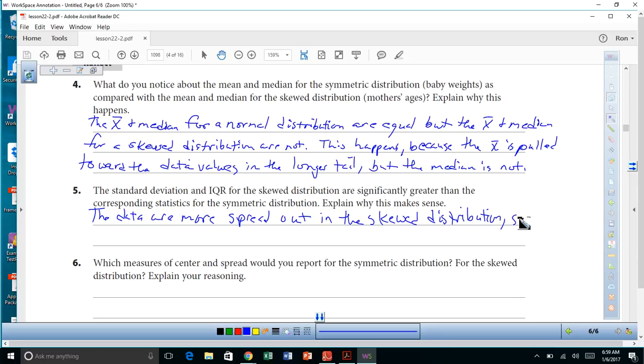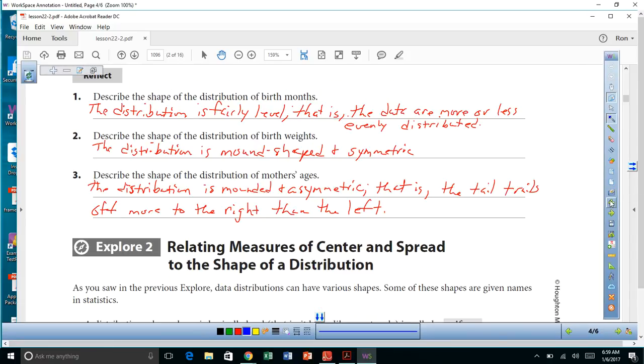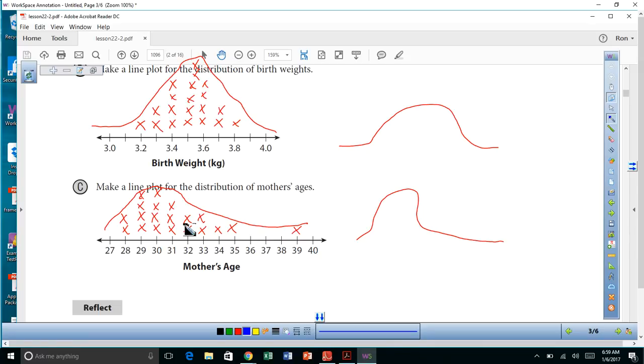So the measures of spread are or should be greater. And let's go back and look at our example again. See this 39? It pulls that mean. It also makes the spread a lot wider than the spread of this data here.